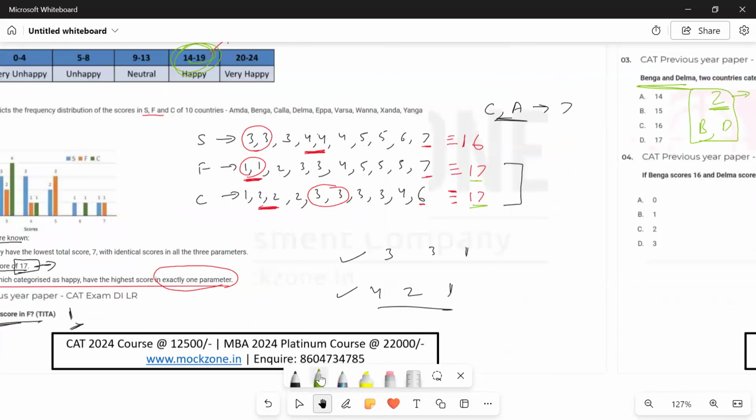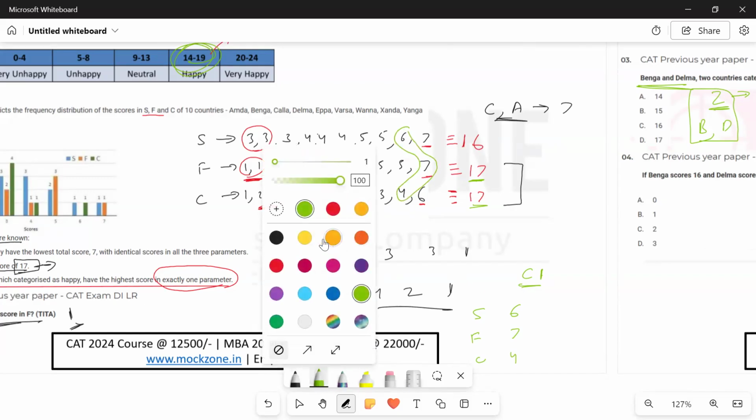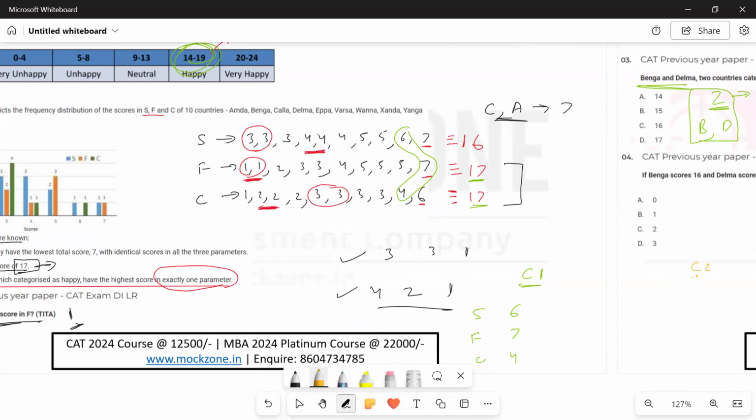Let's talk about case number 1, where Z is 17 with F as the maximum. So what will her score be? Among S, F and C, F is her maximum, so 7, S is 6 and C is 4. This is the case we are talking about now. What will the second case be? Let's put it in orange. Case 2: she is maximizing in C. So case 2 will be S, F and C would be 6, 5 and 6. This will be case 2.